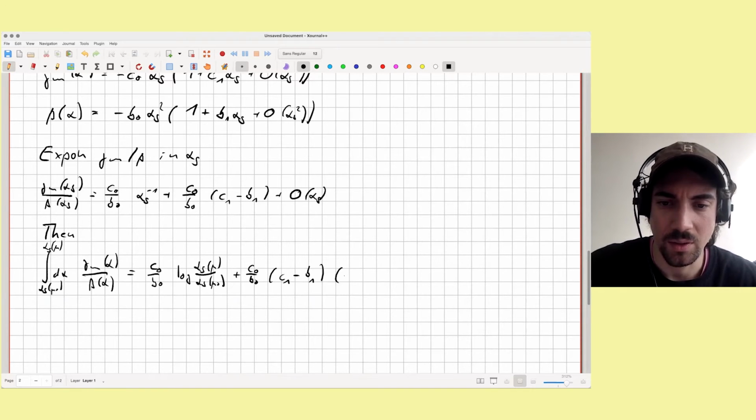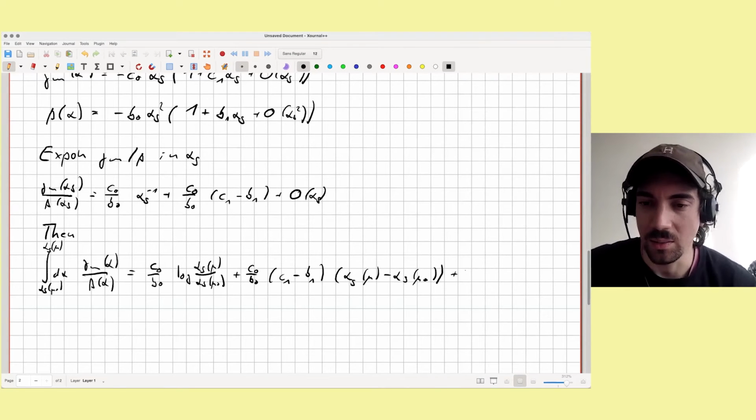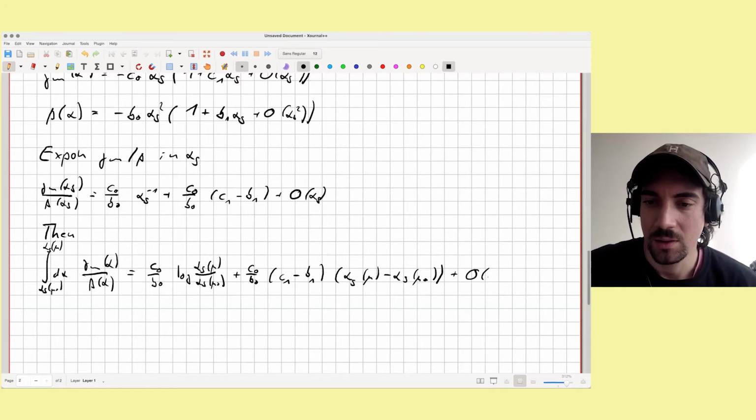And this now has to be evaluated at the strong coupling at the two scales, the initial and final scale. And this is then plus something that's of higher orders to neglect here now.